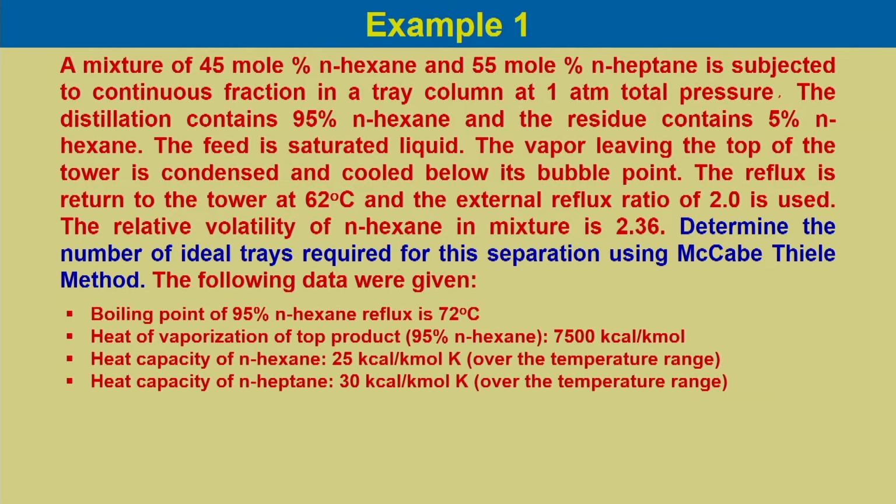Heat capacity of N-hexane is 25 kilocalorie per kilomole Kelvin over the temperature range, and heat capacity of N-heptane is 30 kilocalorie per kilomole Kelvin over the temperature range.